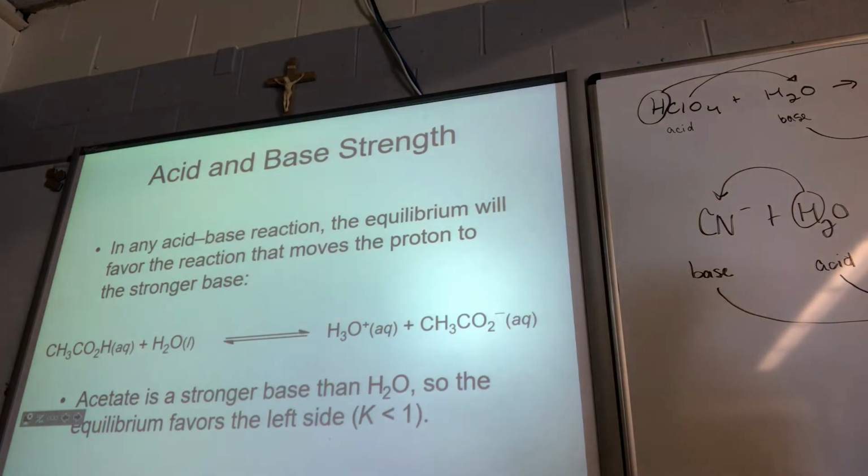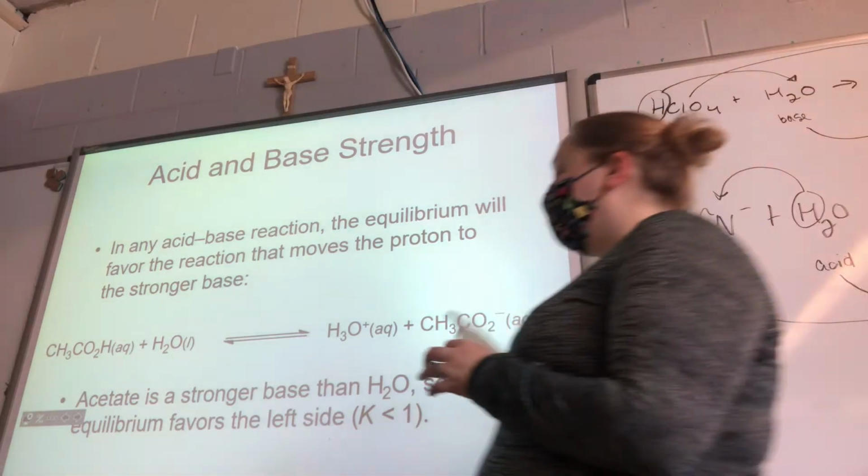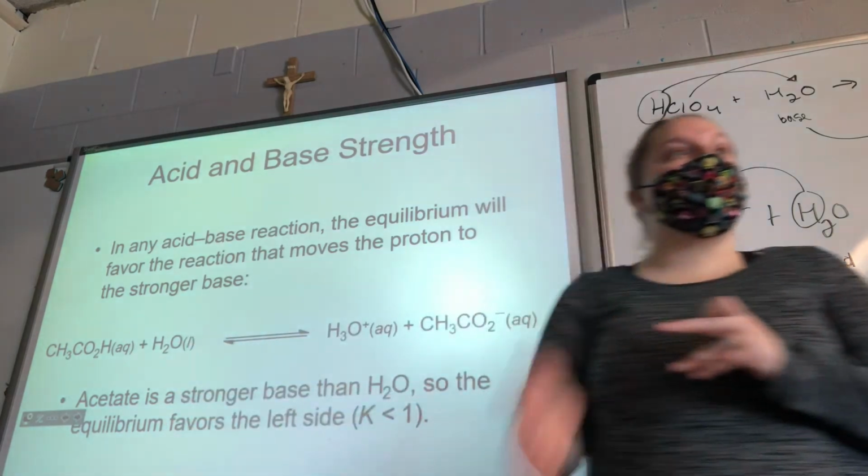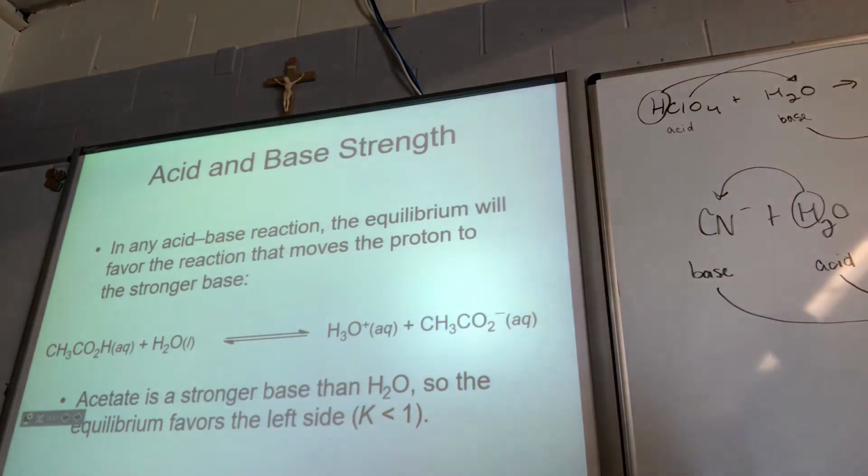Still a weak base, but stronger than water. This means that this particular reaction would lie towards our reactants. So our K should be really small. Just kind of reminding you of some equilibrium chemistry from chapter 15. If K is small, things lie towards the reactant side. If K is big, things lie towards the product side.